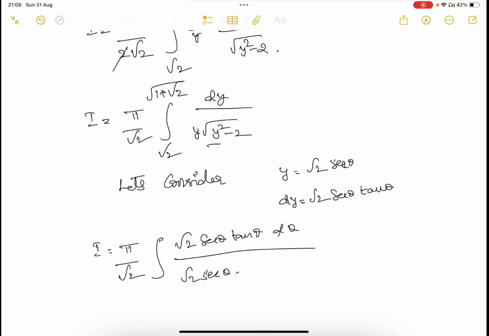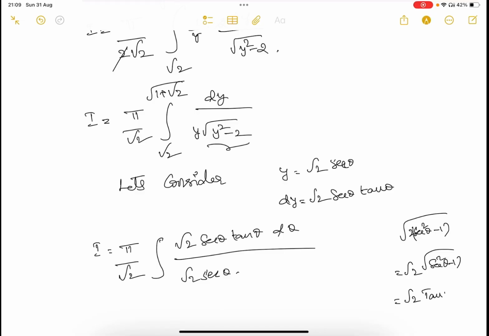Then what about this? Root y square minus 2: y square is 2 secant square theta. If you take 2 common here, this will be root 2 into root secant square theta minus 1, which is tan square theta.